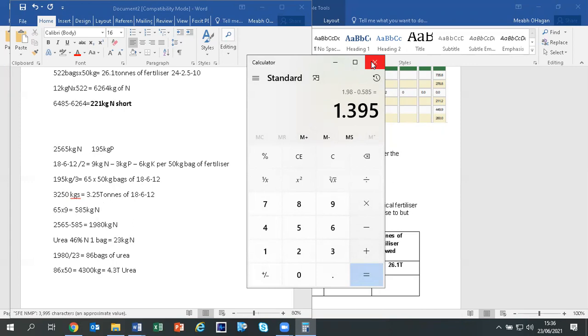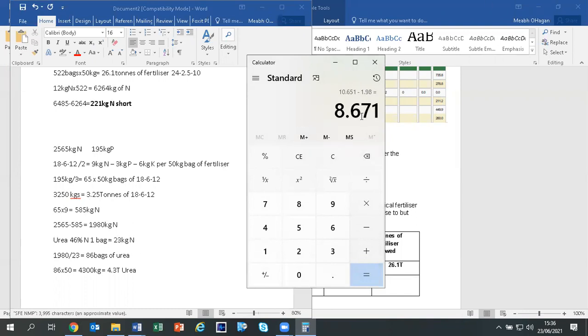Okay, so that's just a quick example. Hopefully I've done that right. 17.5 minus 6.264 is 11. Okay, yeah, so there was a mistake there somewhere. Okay, so 17.5 is the maximum nitrogen we are allowed to spread, minus 6.264 tons of nitrogen up here, minus 0.585 tons of nitrogen in our 18,612, and also then minus our 1.98 tons of nitrogen in our urea.